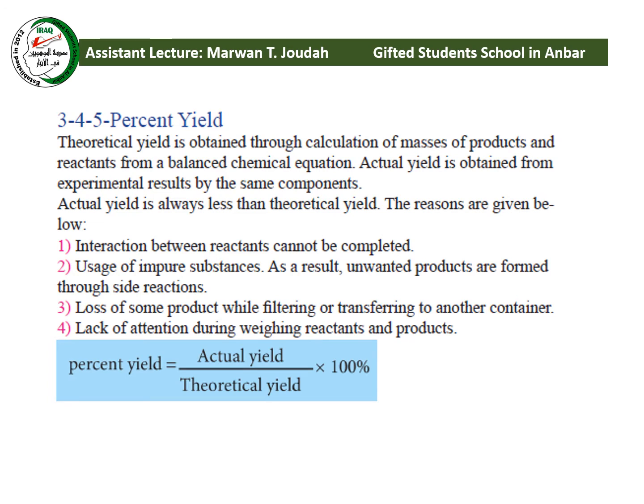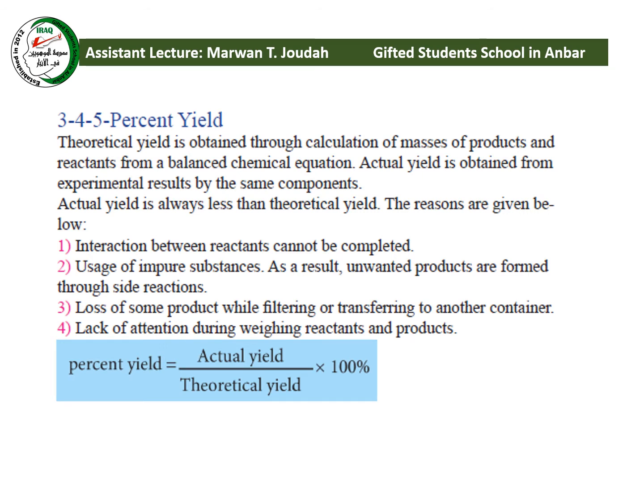There are some reasons for the yield to be low. Sometimes when I do a reaction, the technique could affect the result. It could be the impurities in our chemicals. It could be the conditions, the circumstances.